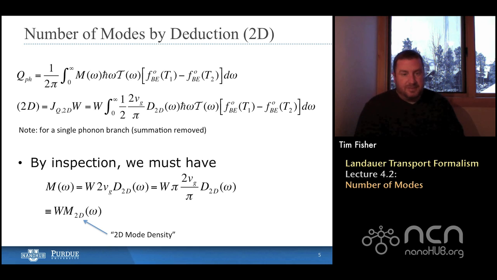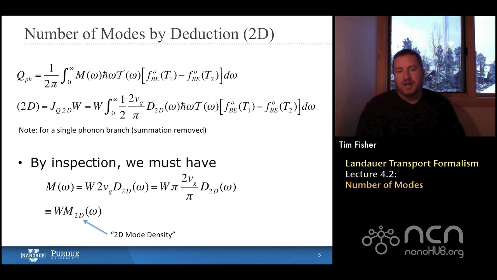So we go ahead and do that, and we find that by comparing these two equations, which are very similar, the only differences actually lie in the first set of terms, and by inspection, we have to have that the factor M, which we're calling the number of modes, is a product of the width, the group velocity, the density of states, and we're going to say that it's actually times a multiple of 2, and we're going to break that 2 into 2 over pi times pi, and the reason we do that, again, is we're going to get back to that average velocity in the direction of transport.